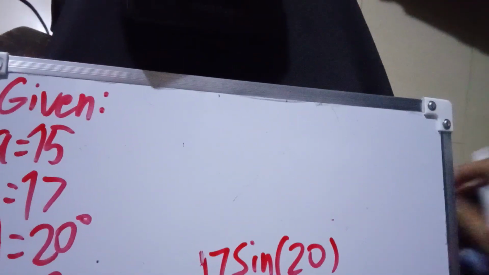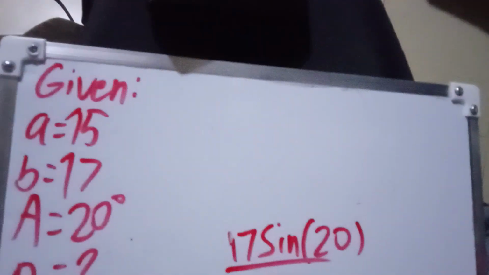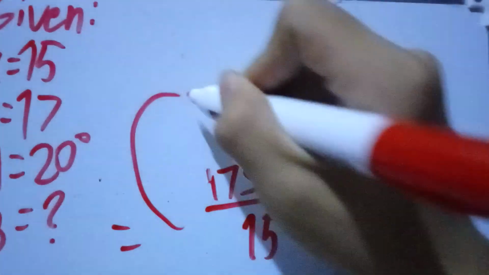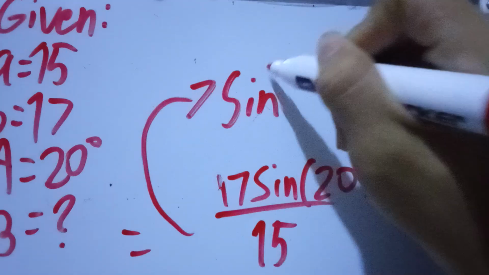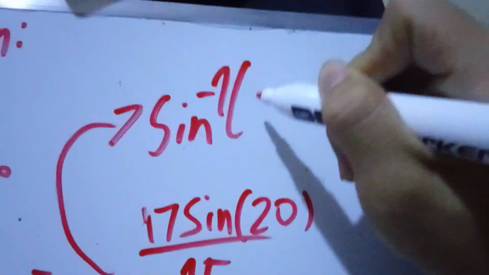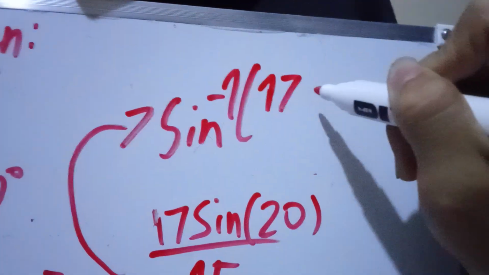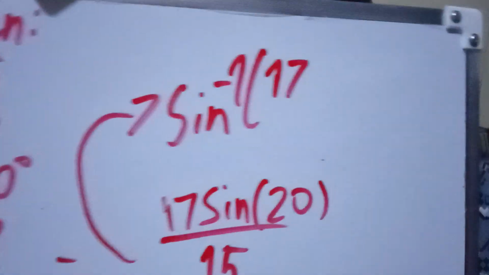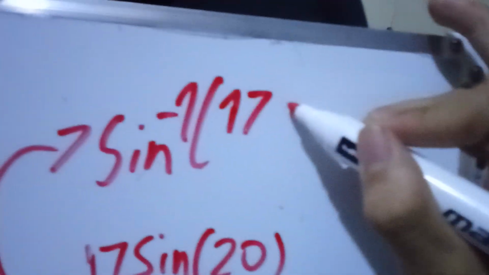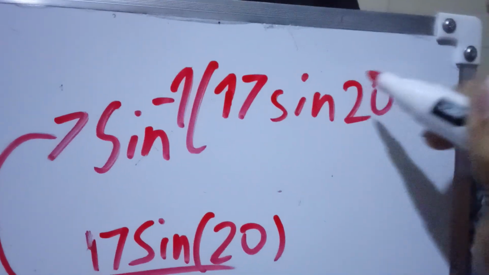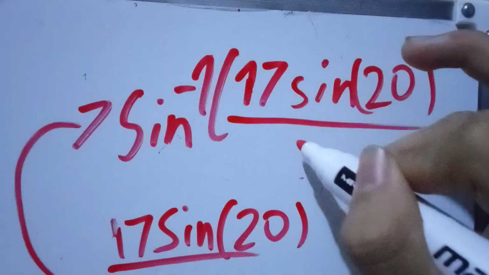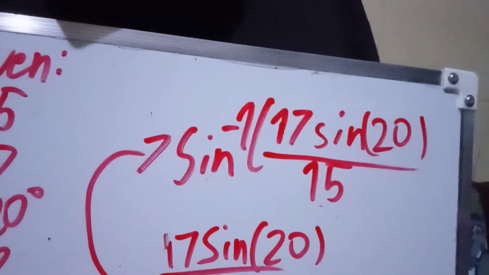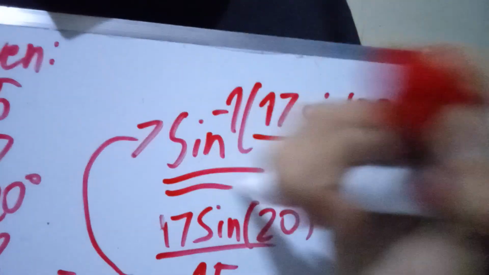So this one becomes sine inverse of 17 sine 20 over 15. Remember, to get the angle we use this.